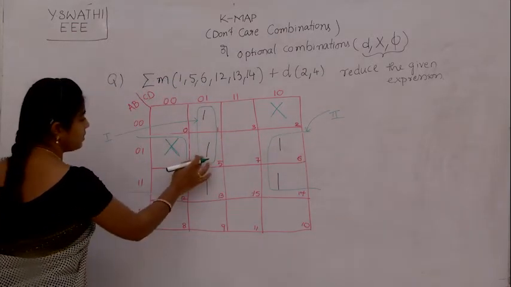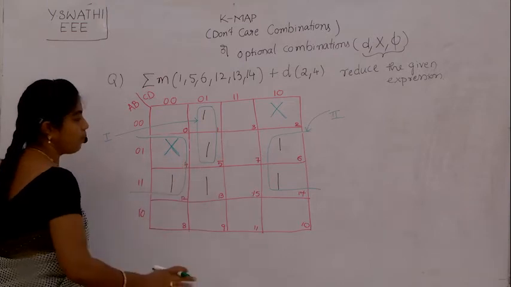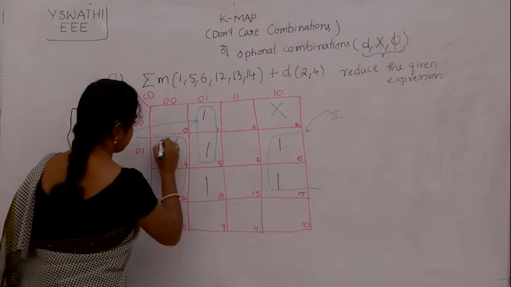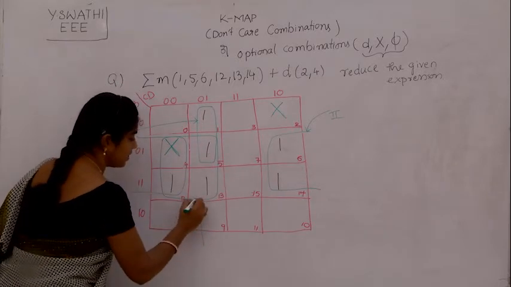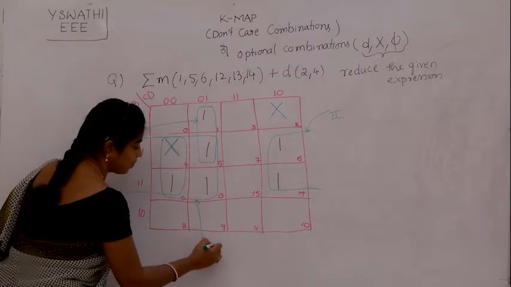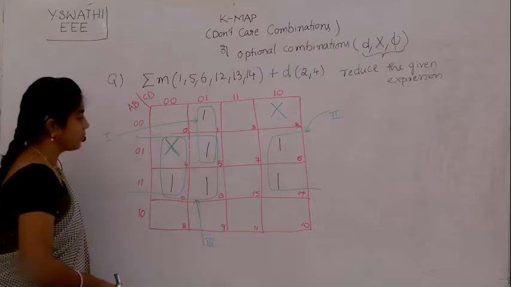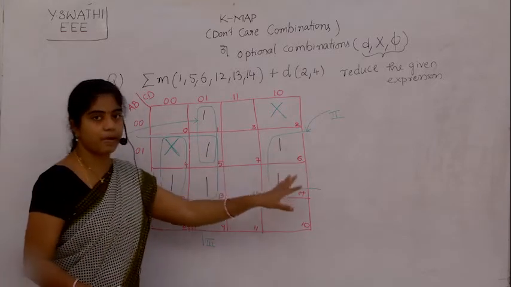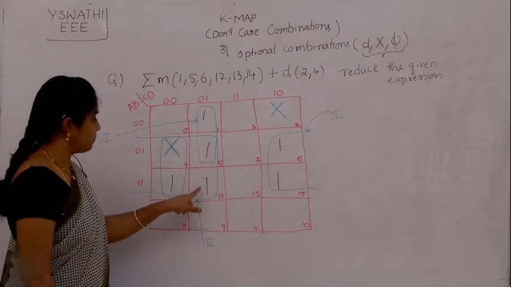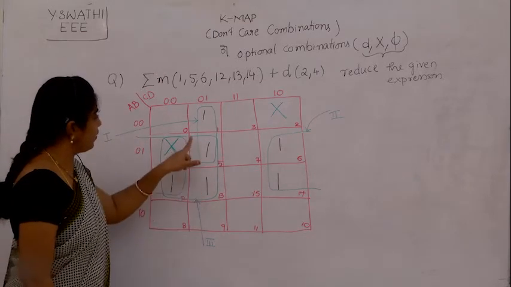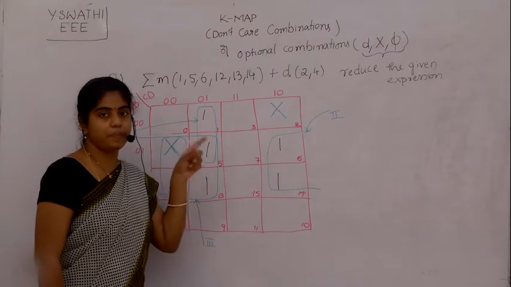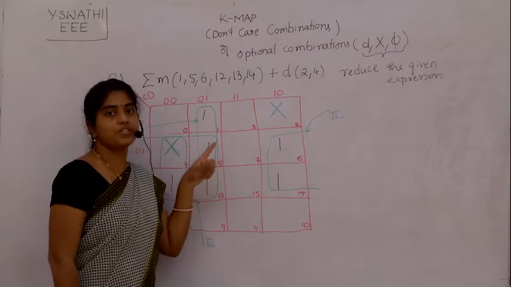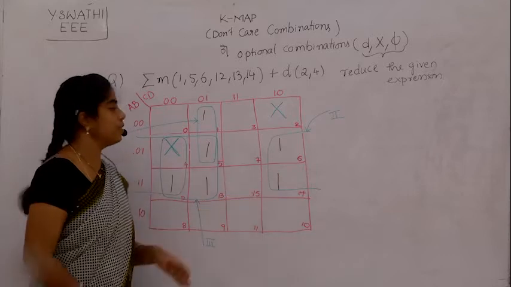and these 4 also form a quad. This is the third prime implicant. All these are essential prime implicants because every prime implicant has at least one cell which is not paired with another group.